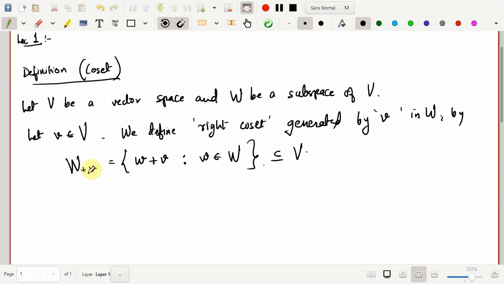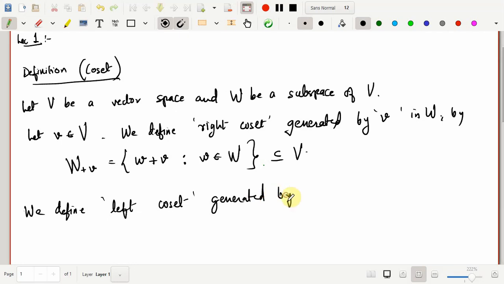In a similar way we define the left coset. The left coset generated by a fixed element, say v in V, in W, is how we read it.